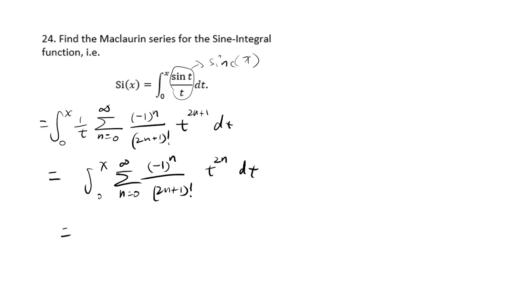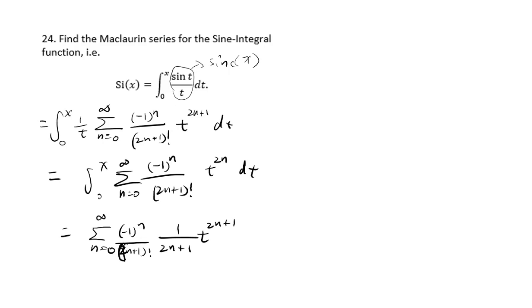These are just constant multiples, so we're really just integrating t to the 2n, which is t, you add 1 to the 2n, put the reciprocal in front, and then sigma n from 0 to infinity of negative 1 to the nth power over 2n plus 1 factorial.